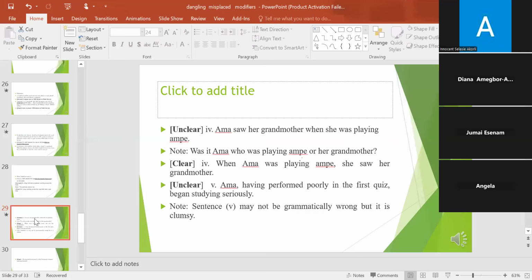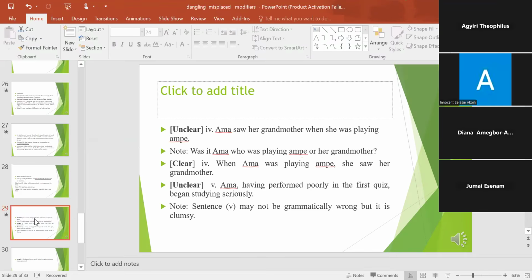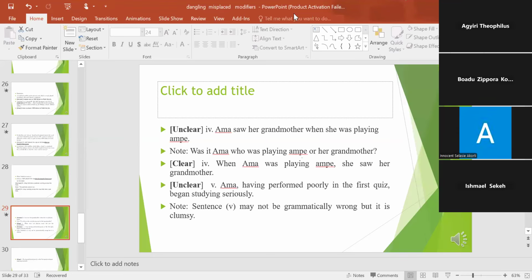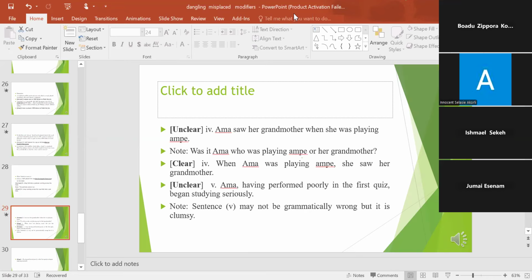So, when grandma was playing ampe, she saw Amma. Okay. Is there a different way to say it apart from that? Amma saw her grandmother playing ampe.